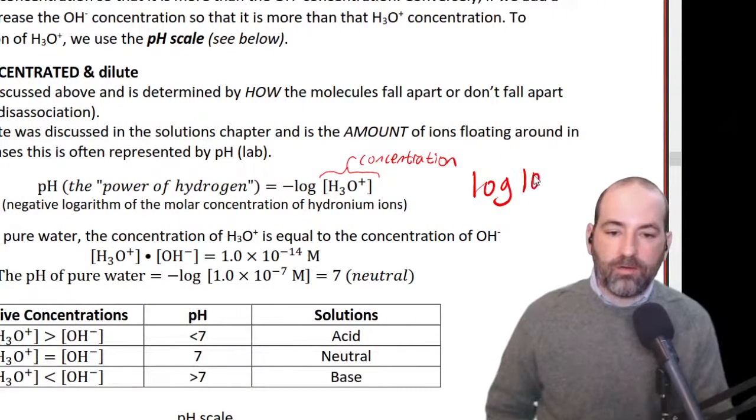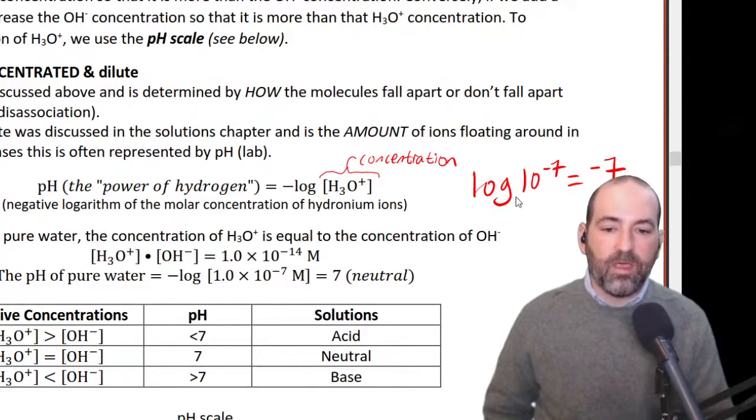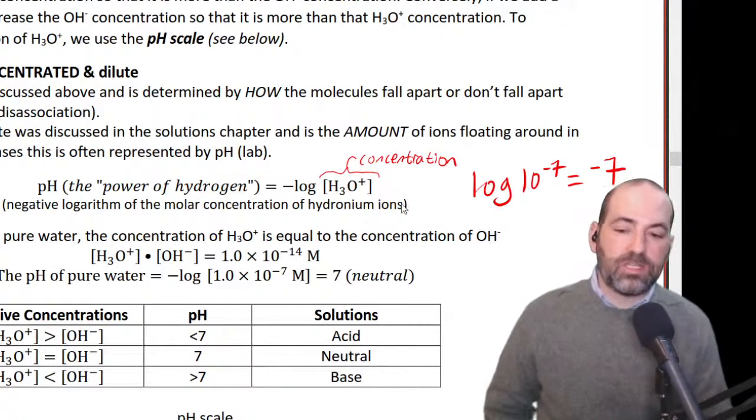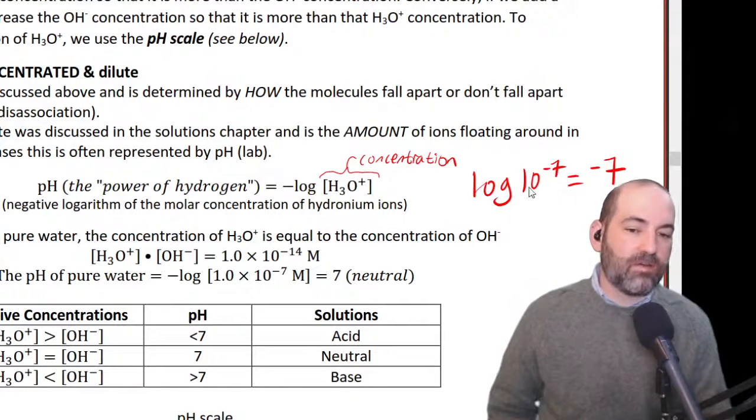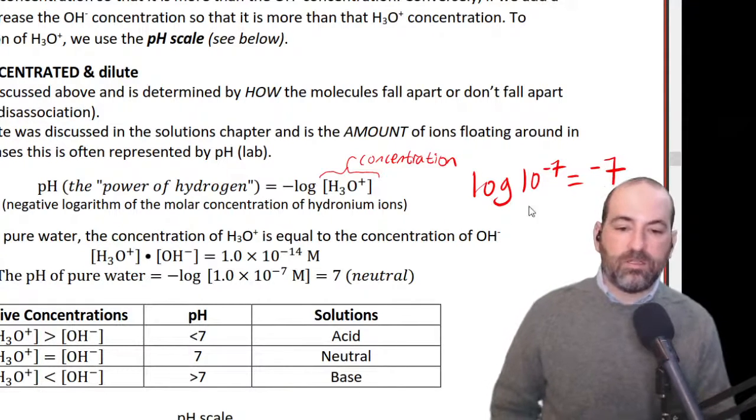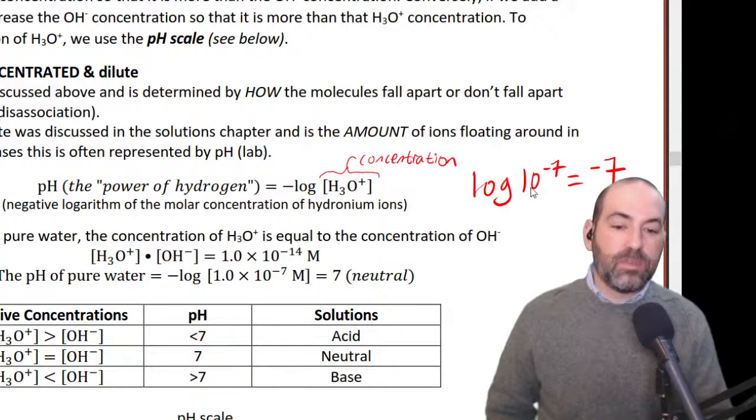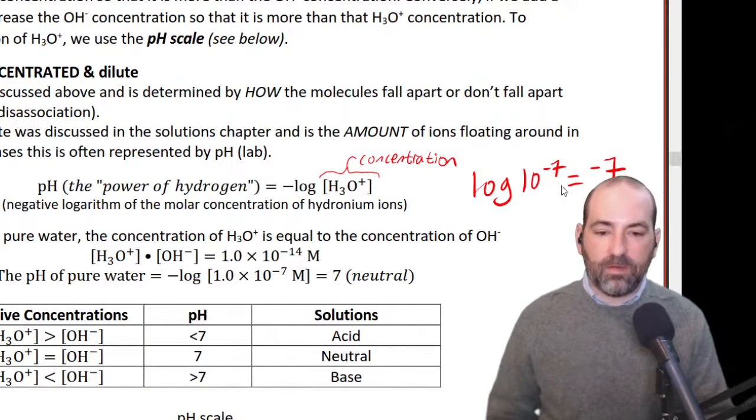The log of 10 to the minus 7 is minus 7. So log returns the exponent of a power of 10. If it's like scientific notation, some number times 10 to the minus 7th, then you need a calculator, and you'll get something in between this and the next exponent.